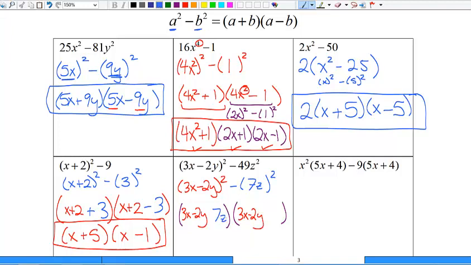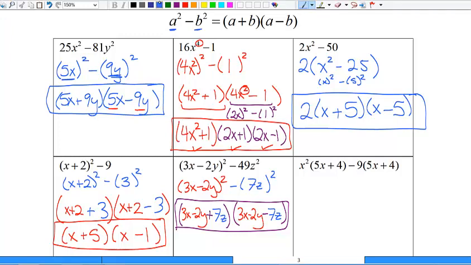The 7z goes in both backs. And my signs are one of each, one positive, one negative. Now if I could combine any like terms or factor anything else out, I would, but I can't because each term has an x, a y, and a z, and they're each different, so I can't actually keep going.